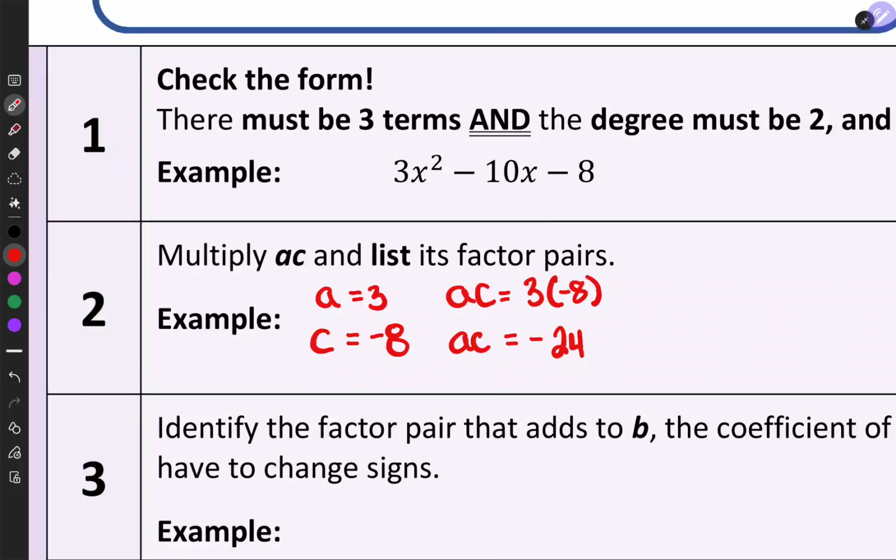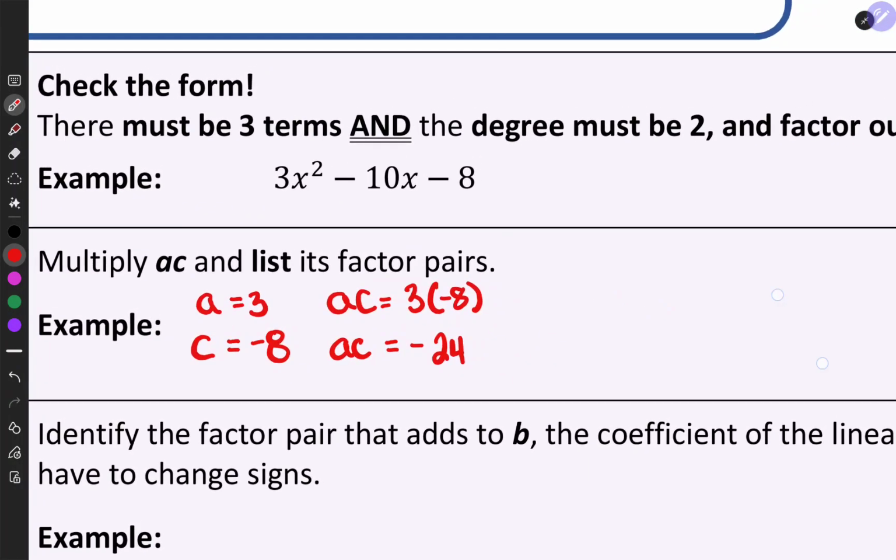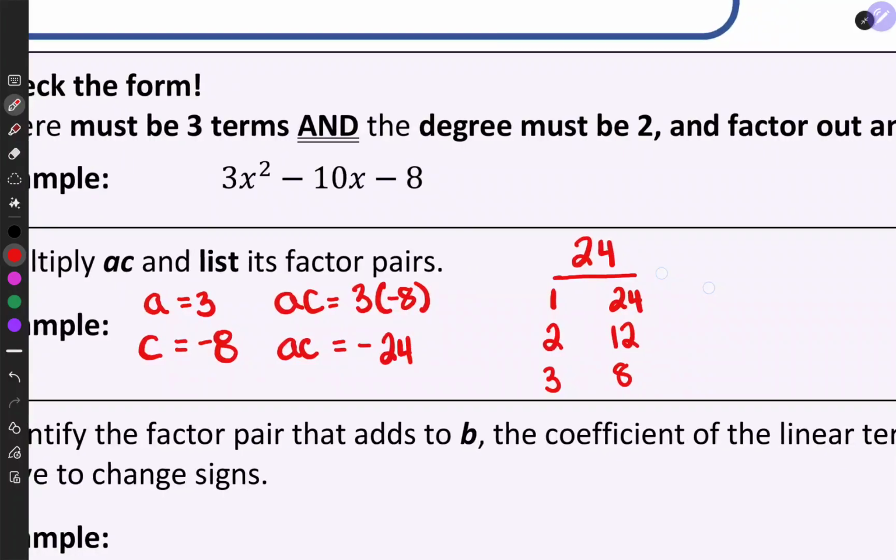It says multiply ac and list its factor pairs. So what are the factor pairs of 24? Notice I'm not really concerned with the negative right now. 1 times 24, 2 times 12, 3 times 8, and 4 times 6. Those are the factor pairs of 24.